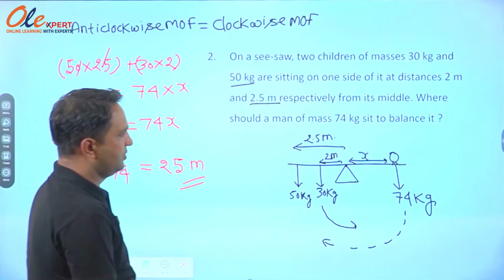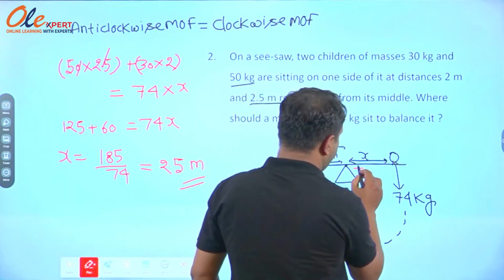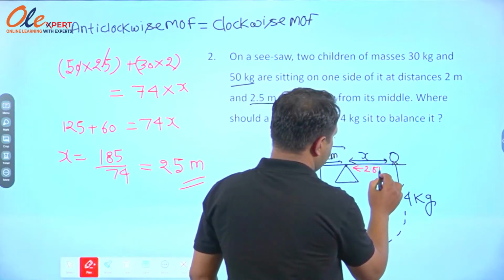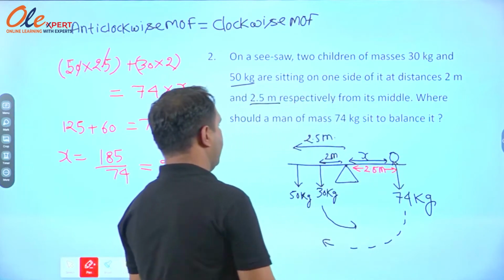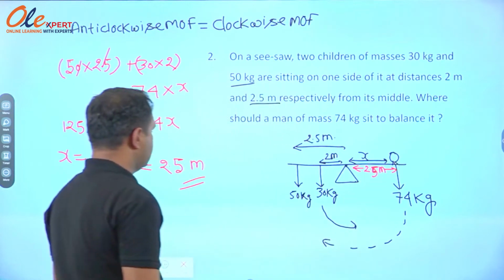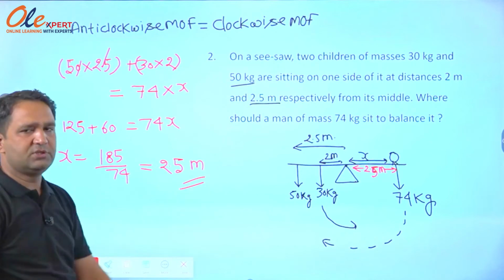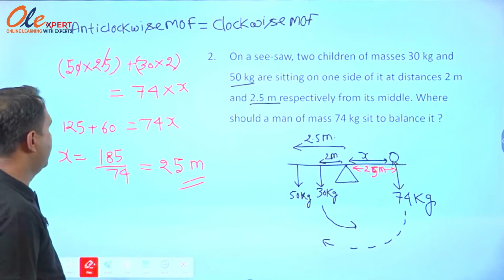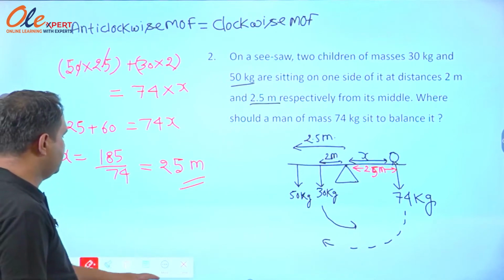So, the man should sit at 2.5 meter distance. X will be 2.5 meter. So, this should be the distance where this man should sit. Okay, got it? It was a little bit easier one.